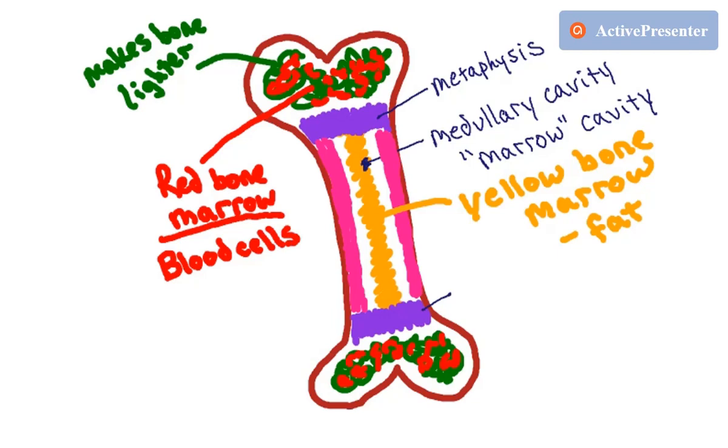And not just regular red blood cells like we're used to thinking about, it makes red blood cells, and it also makes white blood cells. White blood cells are what is used in the immune system to combat illness and pathogens. So the white blood cells and the red blood cells are made in this red bone marrow. So the bone marrow plays a very important role other than just making the bone lighter.